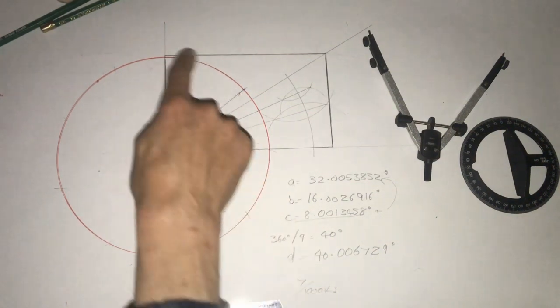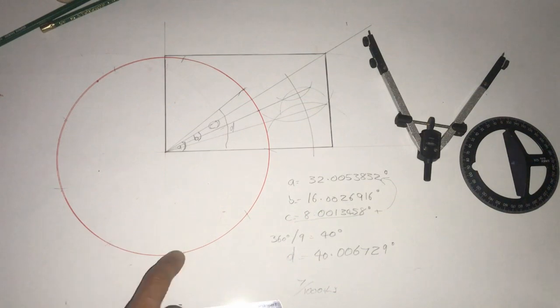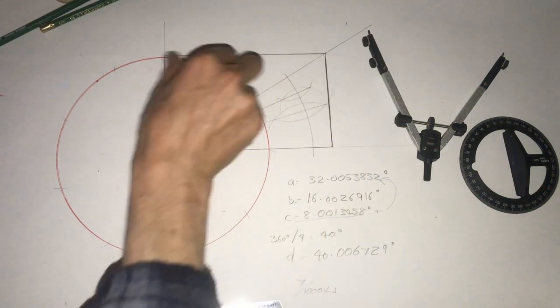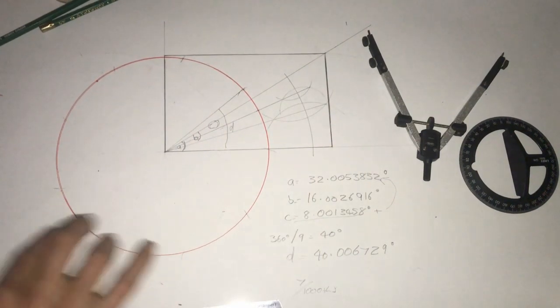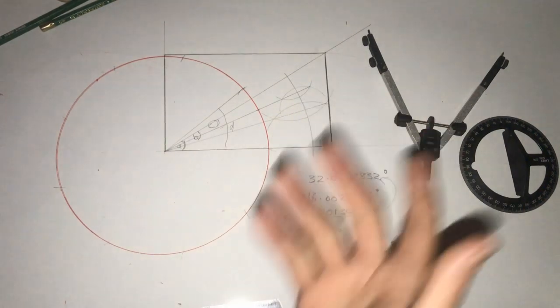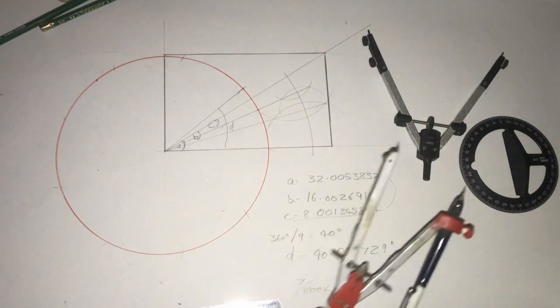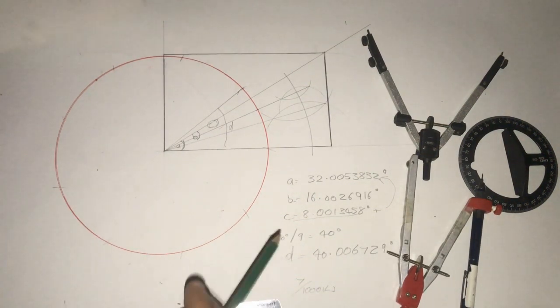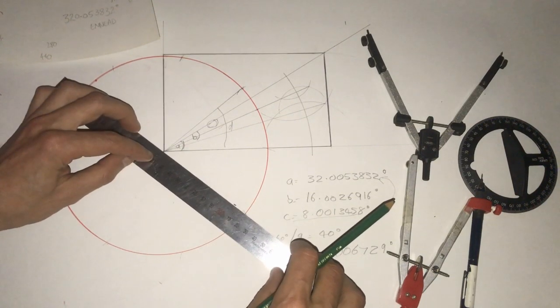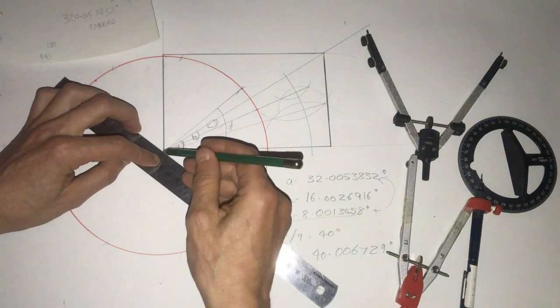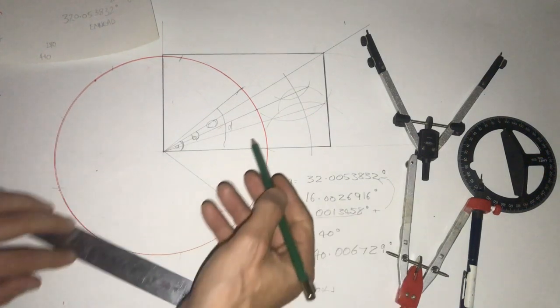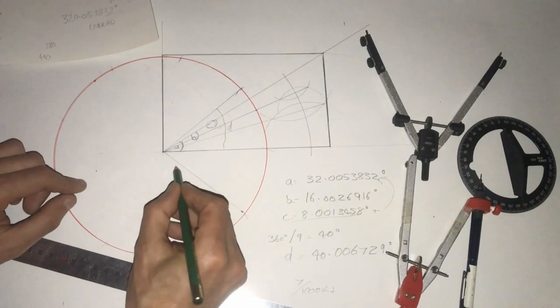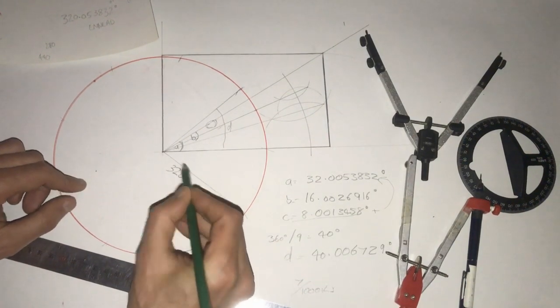So now we have 1, 2, 3, 4, 5, 6, 7, 8. Sorry, 1, 2, 3, 4, 5, 6, 7, 8, 9. We've created a nonagon, and that final angle, if we had a perfect nonagon, all the way around would be 320 degrees.